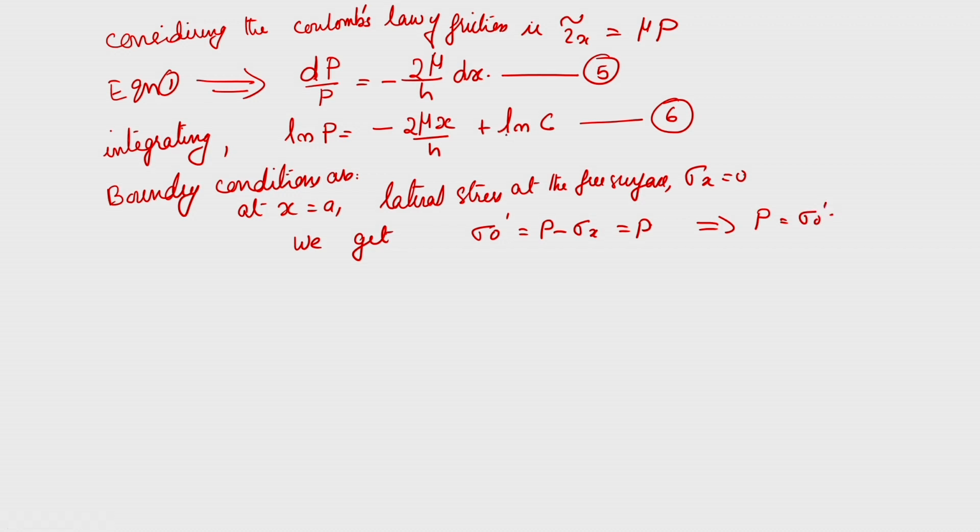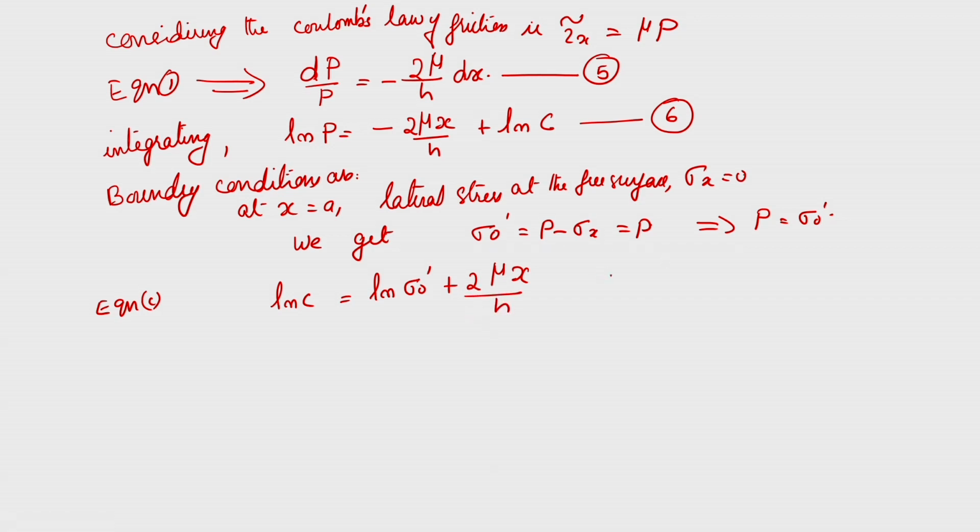Then if you substitute it into equation number 6, you can write log C is equal to log sigma 0 dash plus 2 mu a by h.